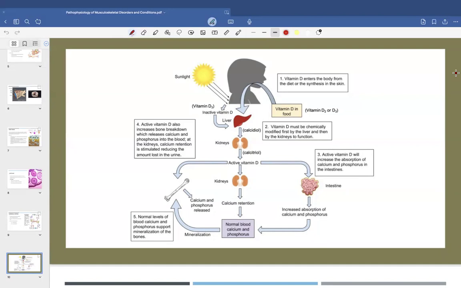And your thyroid is going to stimulate the blasts and build the bone, and put the calcium and magnesium and phosphate into the bones.